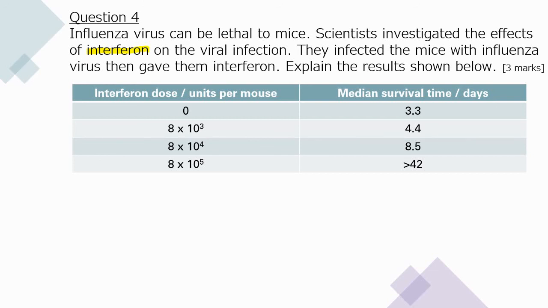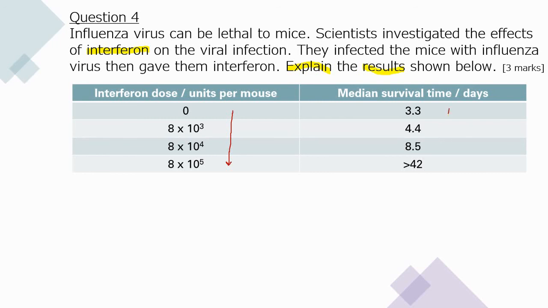the results. First we can say what we see essentially, and what we can see is that as interferon dose increases, from 0 all the way to 8 times 10 to the power of 5, the survival time also increases.